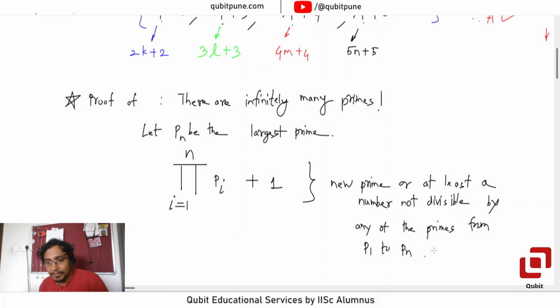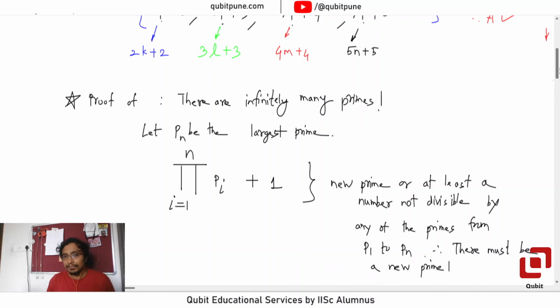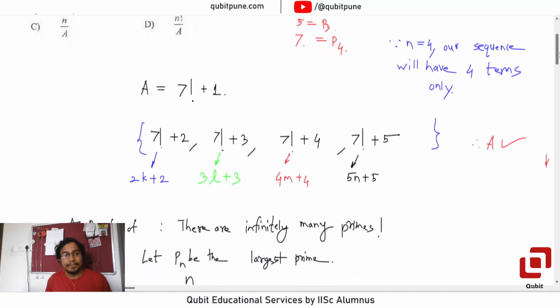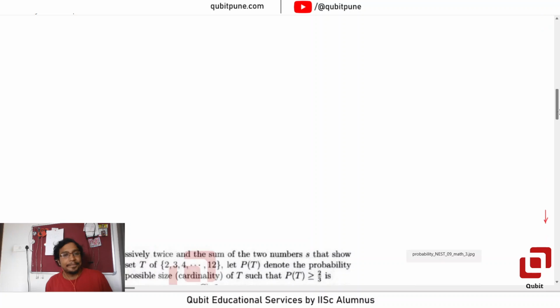P1 is 2, so there must be a new prime. And again include that new prime in this list, and you will go on getting more. So this is in the league of where you take the factorial and then add 1 to it. Okay?